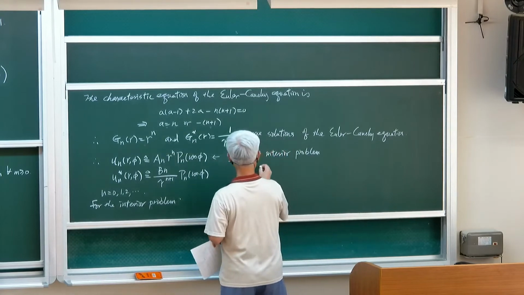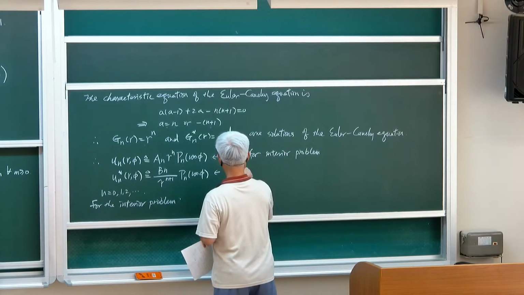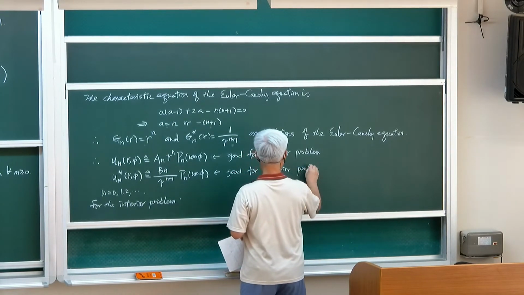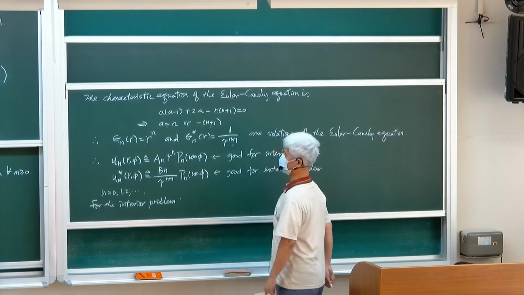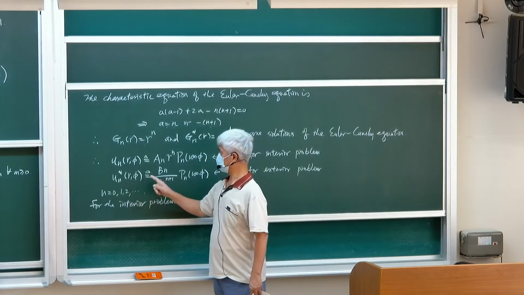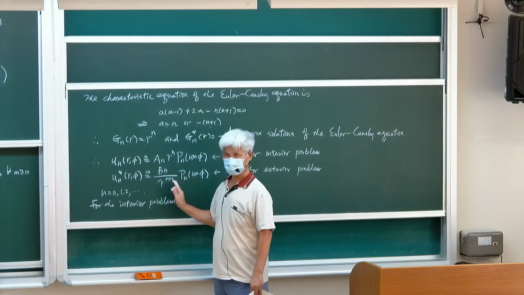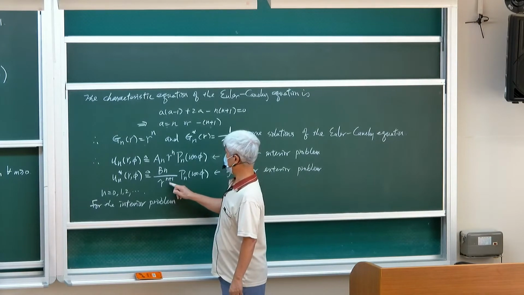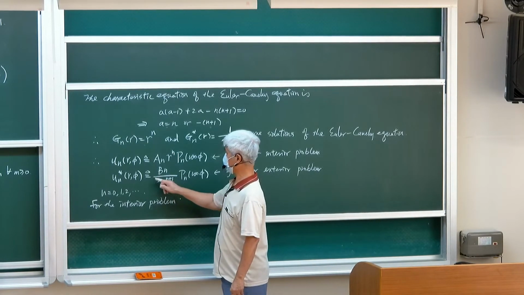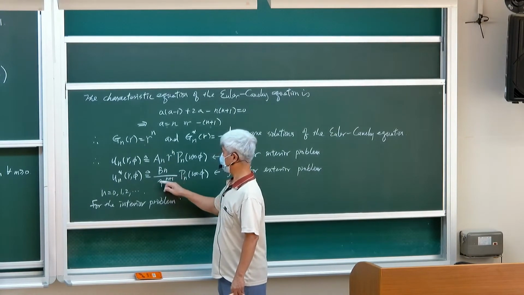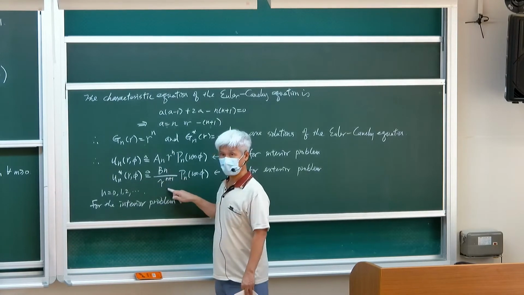And this is good for the exterior problem, because for the exterior problem, when r goes to infinity, this goes to 0. It's good. But the other one is not, because when r goes to infinity, this goes to 0, but when r goes to 0, this is unbounded.